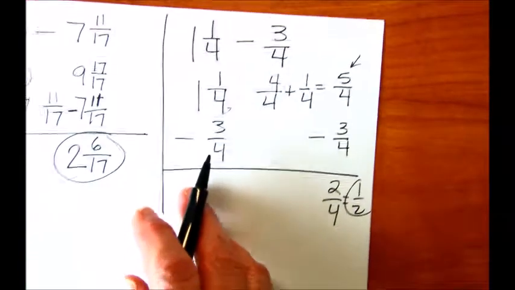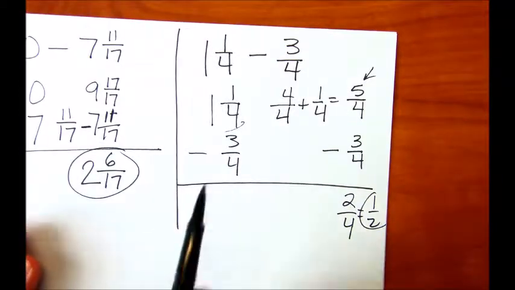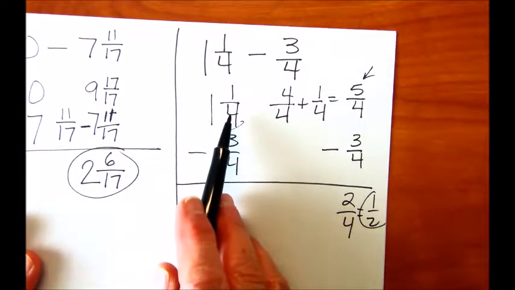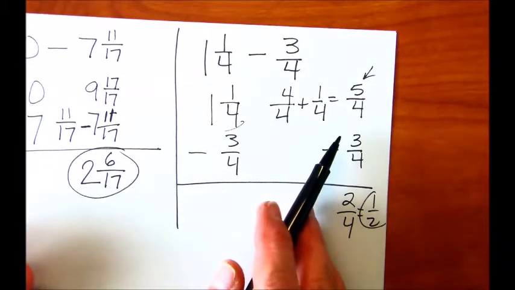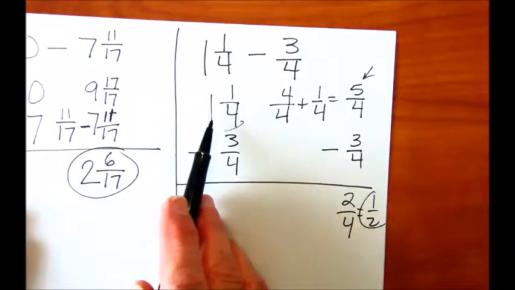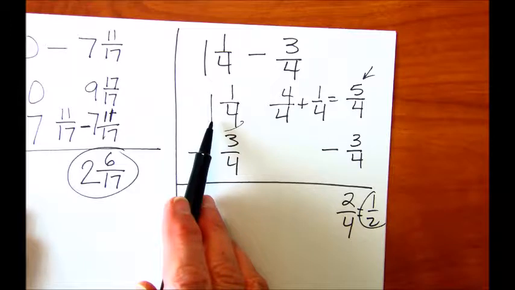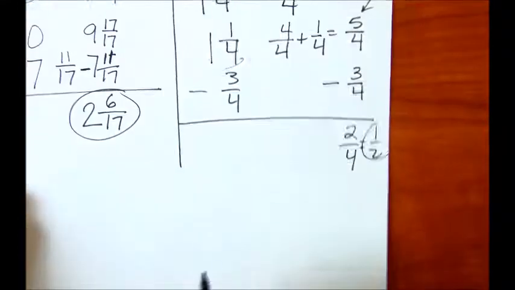Let's do one more like this, because you might think, well, if I just change it to an improper fraction, that will be the best thing. It worked out this way because my whole number in this mixed number was a 1. But what if it's a larger number? Then that's not necessarily the best way to go about it. So let's go ahead and do another problem.